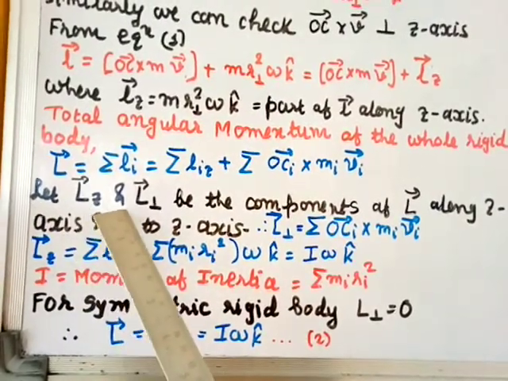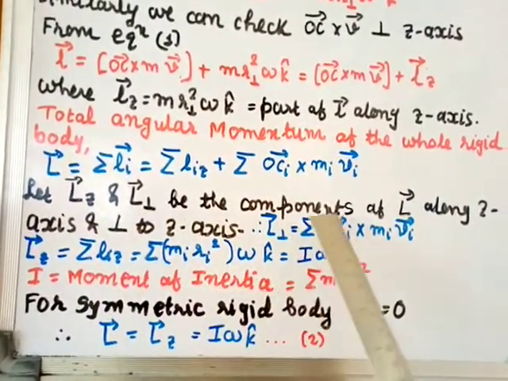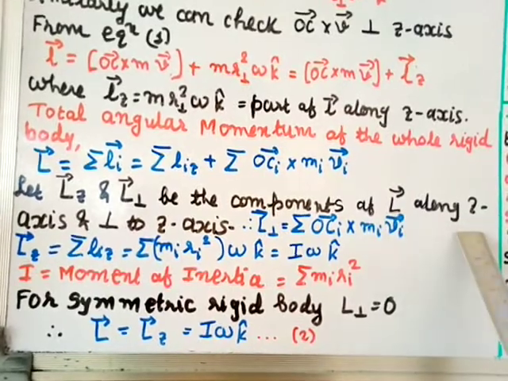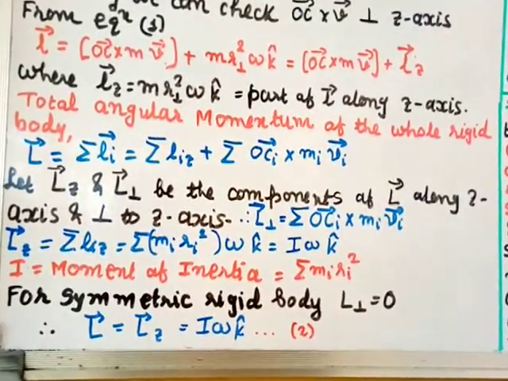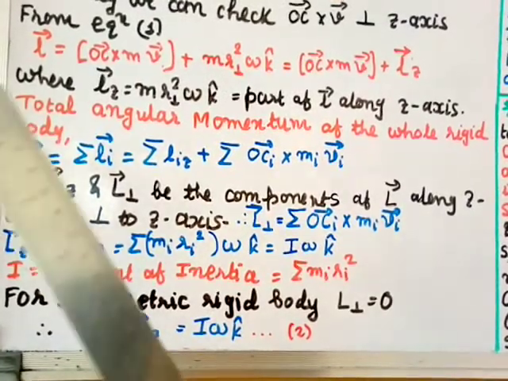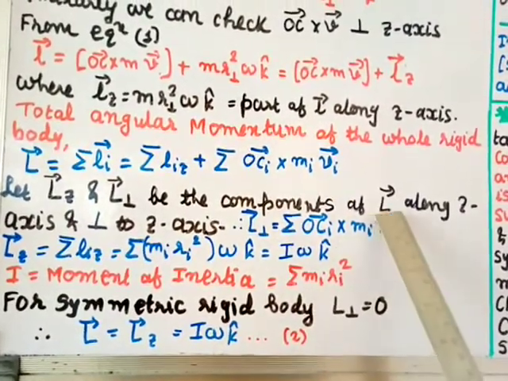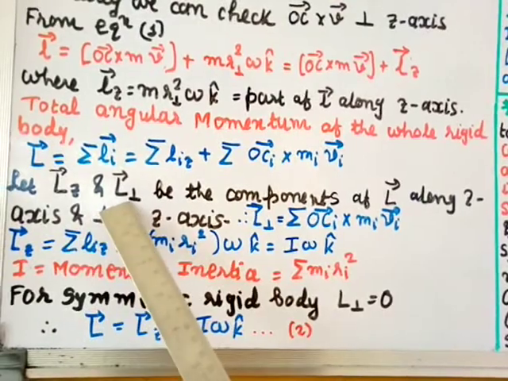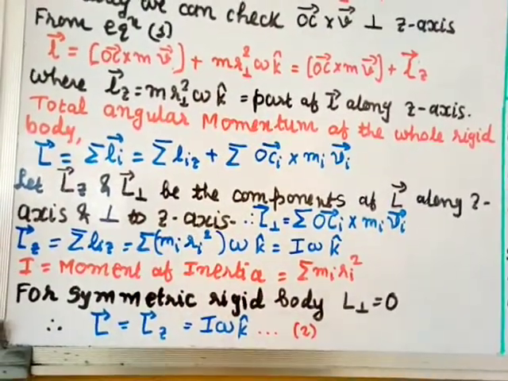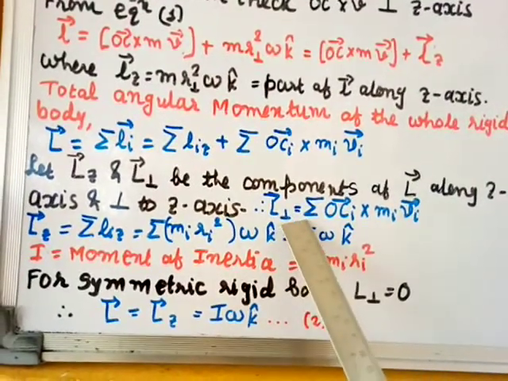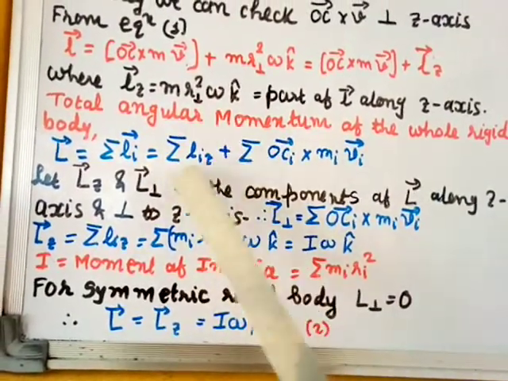Let Lz and L perpendicular be the components of vector L along the z axis and perpendicular to the z axis. Now we denote Lz as the component of vector L along the z axis, and L perpendicular as the component of vector L perpendicular to the z axis.